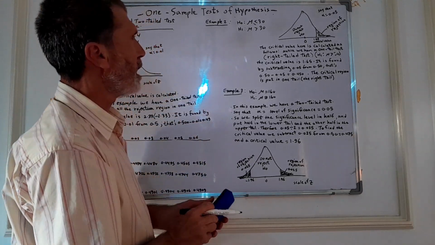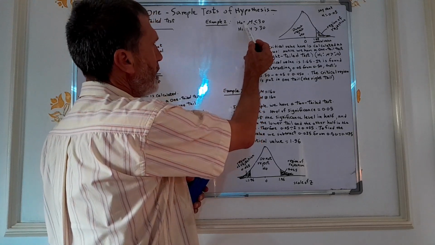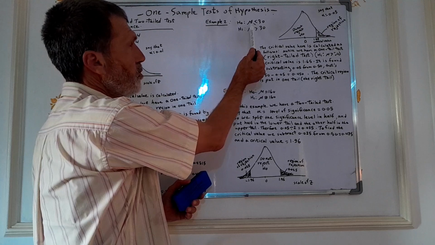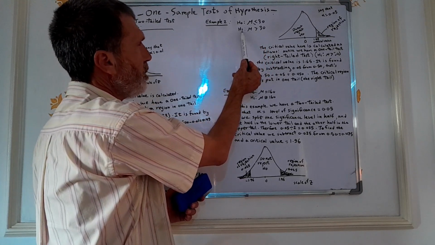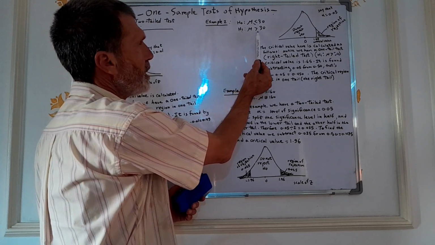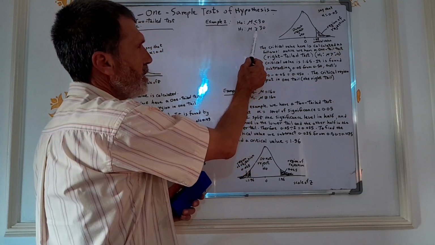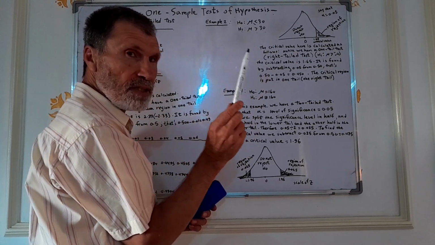In example 2, we stated the null hypothesis as mu less than or equal to 30, and the alternative hypothesis, H sub 1, is that mu is greater than 30. As you can see, we look at the inequality in the alternative hypothesis.